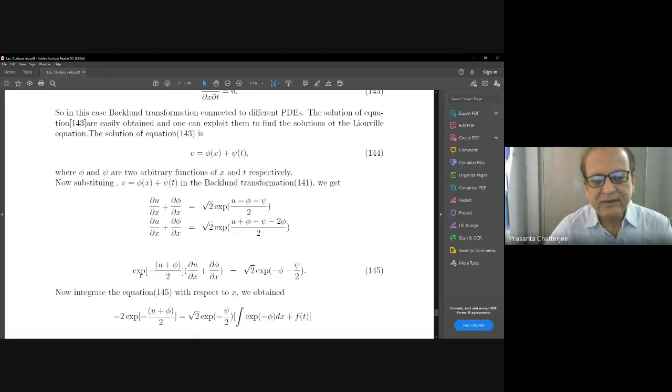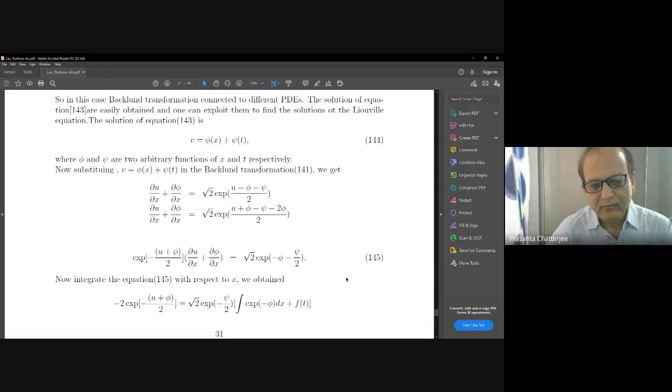If we multiply by e to the power minus u plus phi by 2 on both sides, the right hand side becomes root 2 e to the power minus phi minus psi by 2. So we can integrate 145 with respect to x; it is a function of x only.